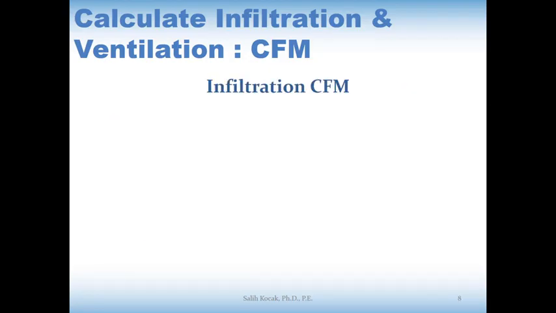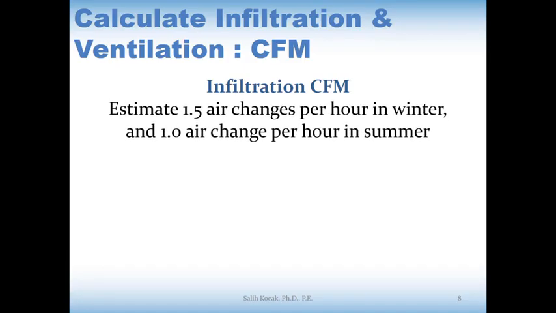So in this case, let's calculate the infiltration CFM. These are our assumptions. If it is not given to you, these are the numbers, guys. It's never going to change. For infiltration, wintertime is 50% more than the summertime, and it is 1.5. And the summertime is just 1 air change per hour.